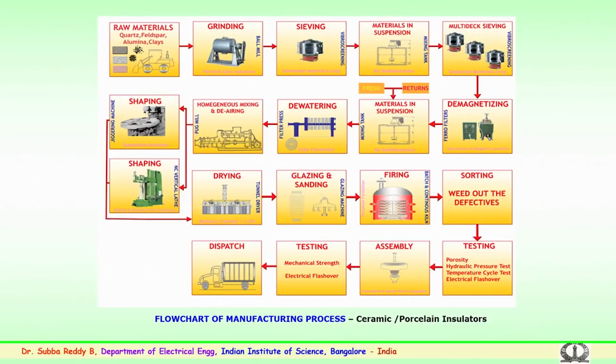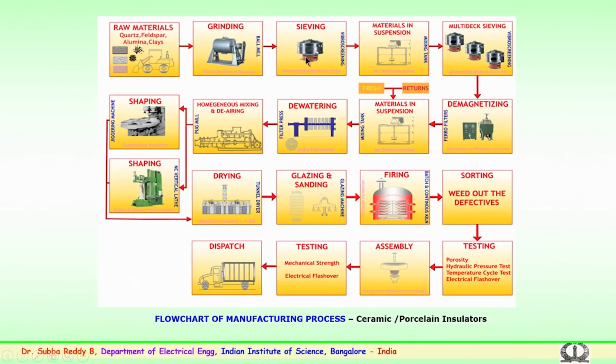So, this gives the entire flow chart of the manufacturing process we have been discussing. We can see the raw materials, as mentioned, could be quartz, feldspar, alumina, clays and several of these things, which are mixed using ball milling, and this slurry is passed on for further grinding to fine particles.